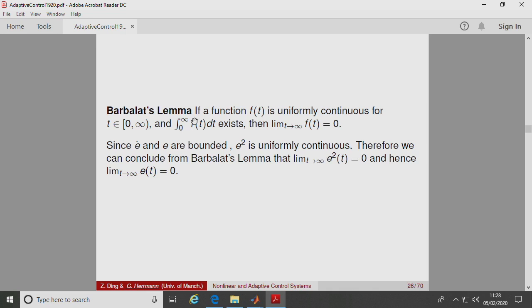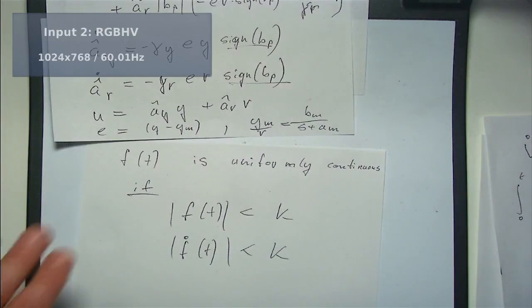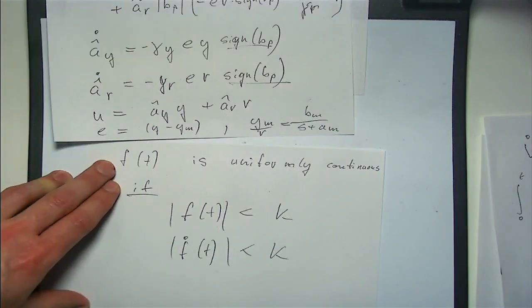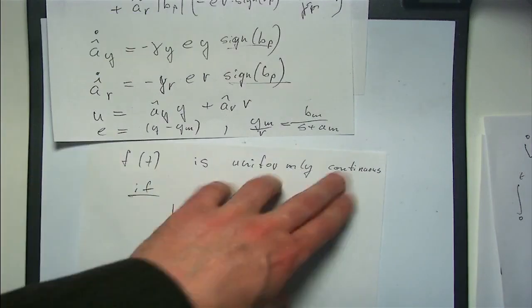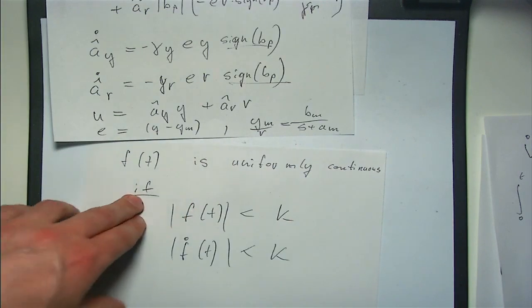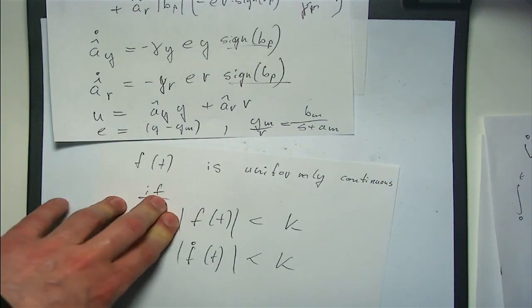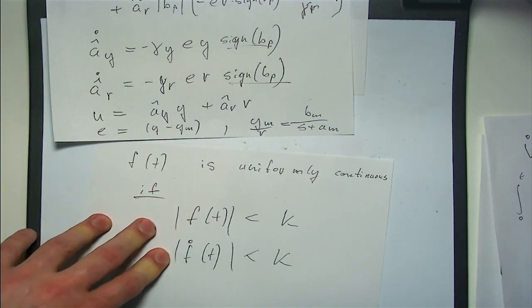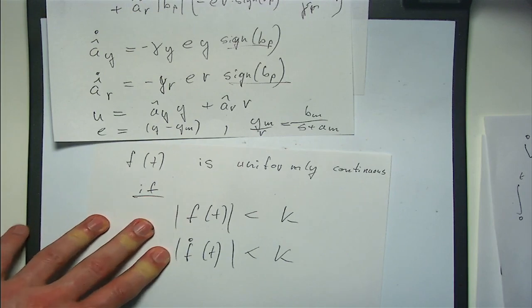Oh, sorry, I forgot to switch. Very, very sorry. F of t is uniformly continuous if, not if and only if, f of t is bounded and f dot of t is bounded as well. My mistake.